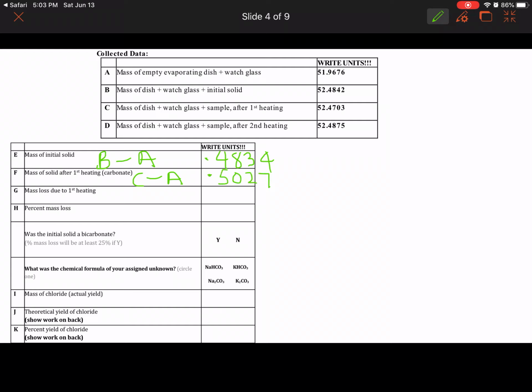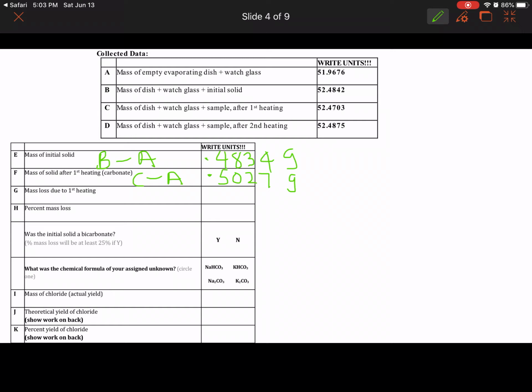And when you are putting these numbers, make sure you put your units. Okay. And then how do you find out the mass loss due to first heating? Now from E we know the mass of the initial solid. F we know is the mass after the first heating. So which letters can we use?